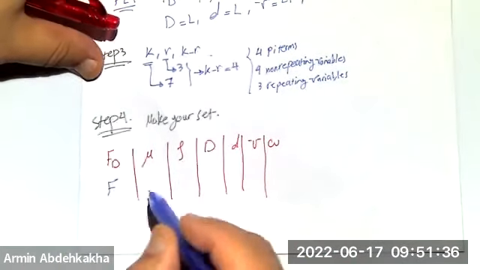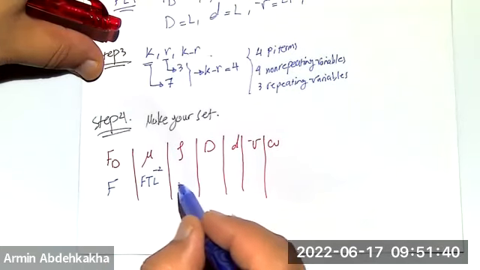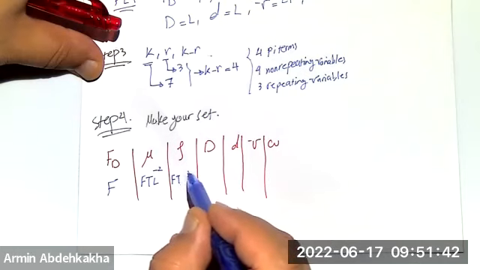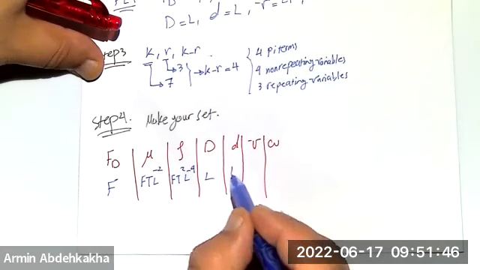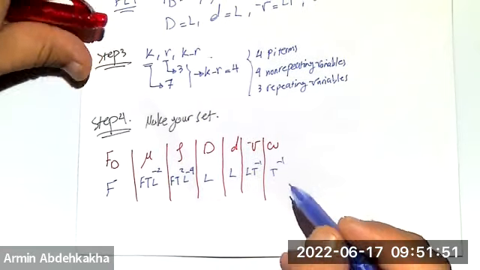This is F, FTL^-2, FT^2L^-4, L, L, LT^-1, and T^-1. Okay.